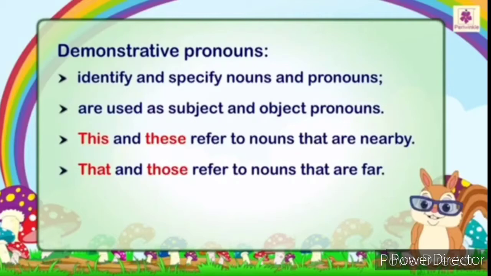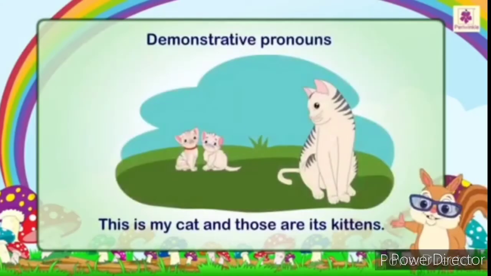This and these refer to nouns that are nearby. That and those refer to nouns that are far away. Look at the example given here. This is my cat, and those are its kittens.